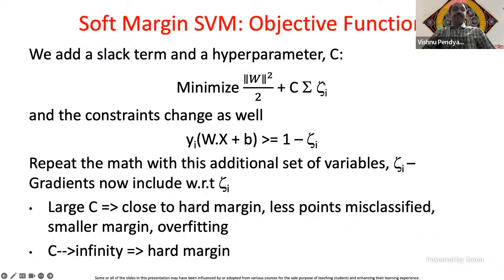Or putting it the other way, C will tell you how much error is bearable. So as C tends to infinity, zetas will tend to 0, right? So that is the whole idea. C will try to maximize this, and W will try to minimize the whole expression, thereby minimizing zeta.